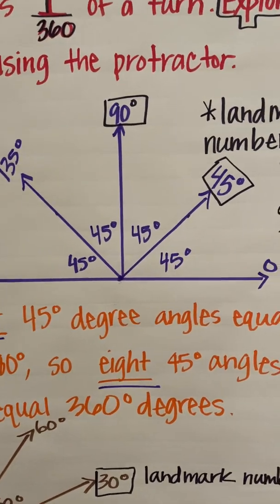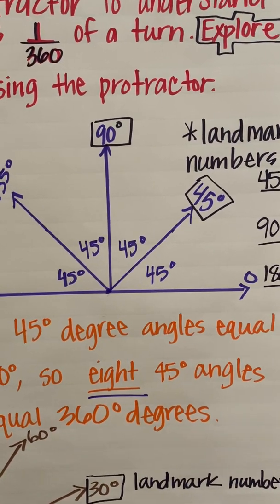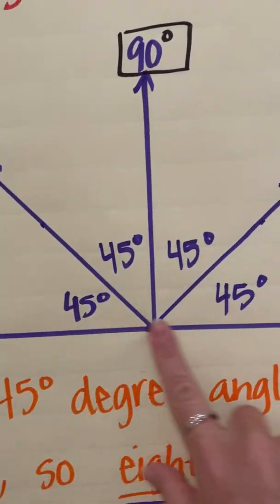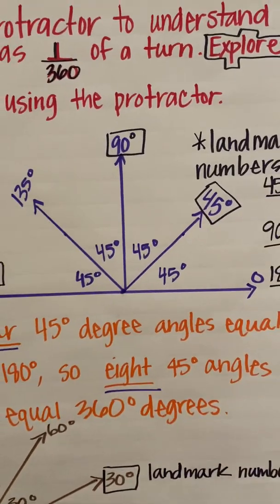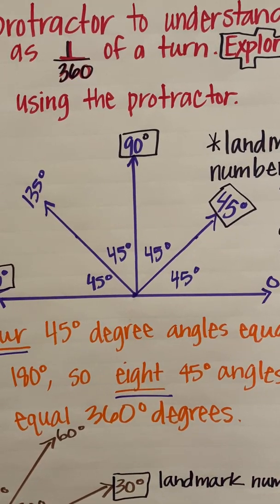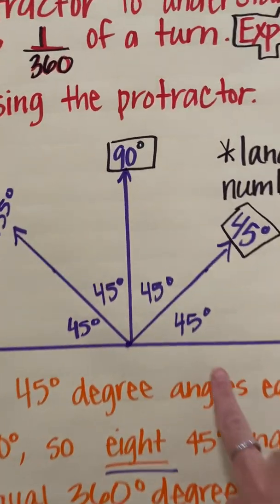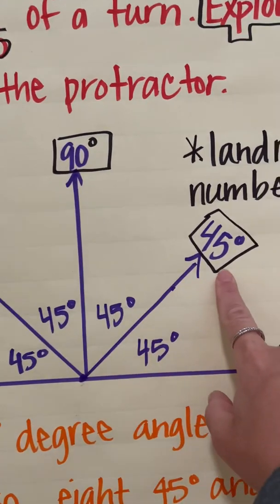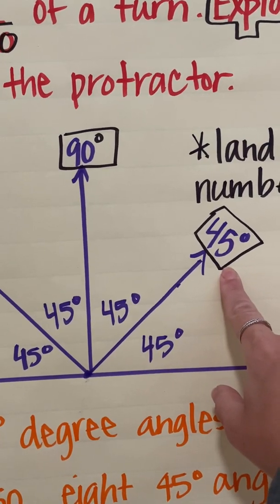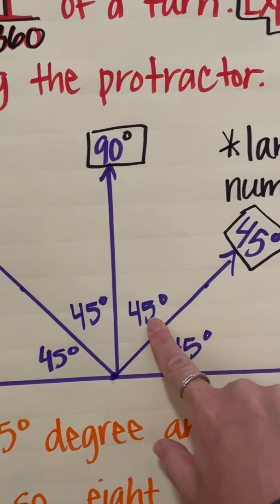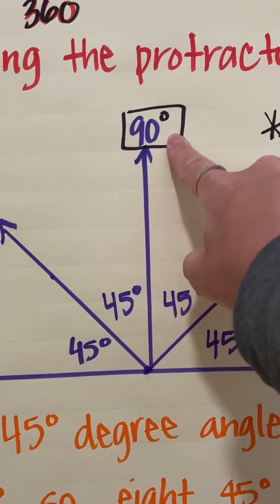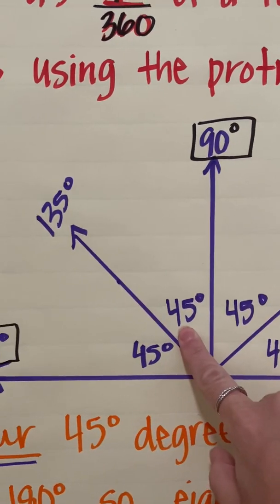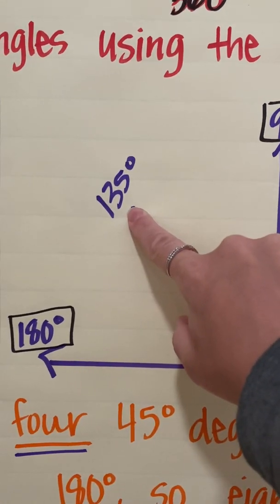Okay, so as you can see, I've drawn my 180-degree line, and then I've made 45-degree angles. So every angle is increasing by 45 degrees, and then our landmark number is out here. So 45 degrees plus 45 degrees, 90 degrees. Another 45 degrees, 135 degrees.